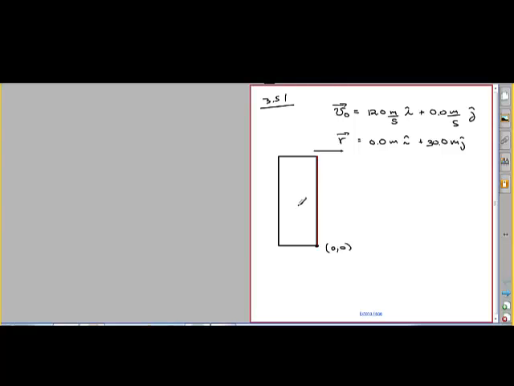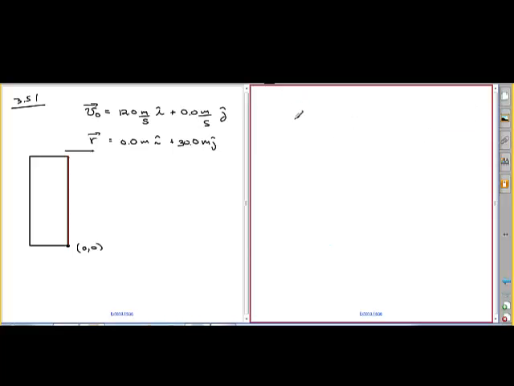Okay. Now, it says the rocket engine produces a horizontal acceleration of such and such. And so what you have in this case is the acceleration vector as a function of t is going to be equal to 1.60 meters per second cubed times t times I hat minus 9.8 meters per second squared J hat.